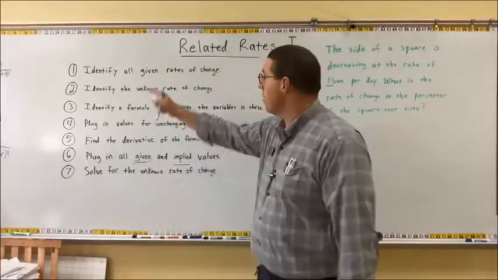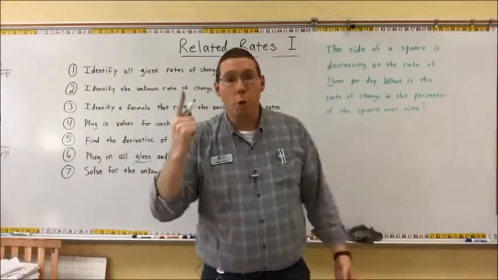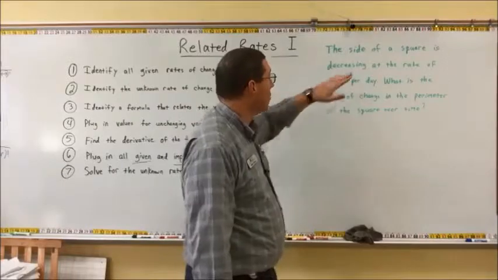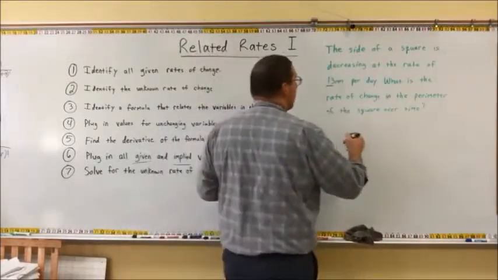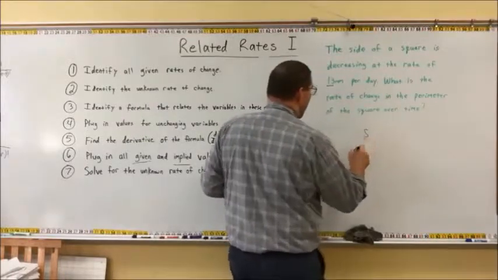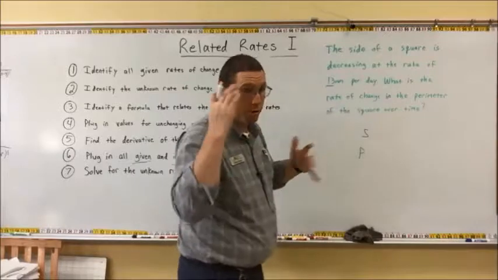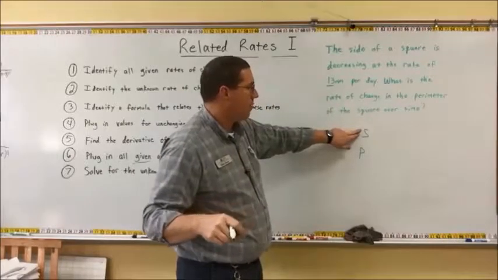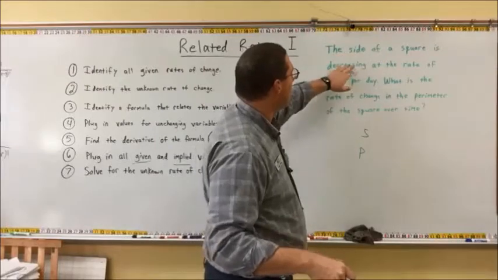And step 1 says, identify all given rates of change. Well, there's only one given rate of change in this problem. It says that the side, that's S. In case you didn't know, the side of a square is S, and the perimeter is P. Now I want you to start thinking about how the side of a square is related to the perimeter of a square. The side of the square is decreasing.